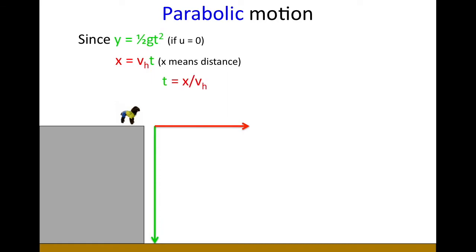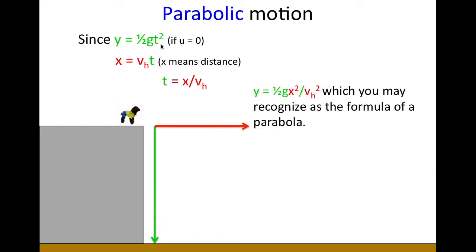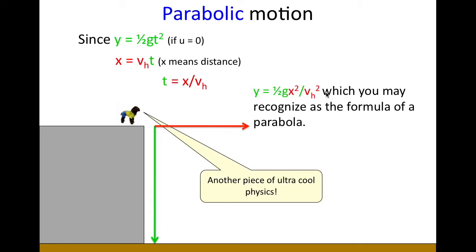If I were to substitute the time, so if I were to substitute x over v sub h into my first equation, then we would have this new equation, which you may recognize as the formula for a parabola. Another piece of ultra cool physics.